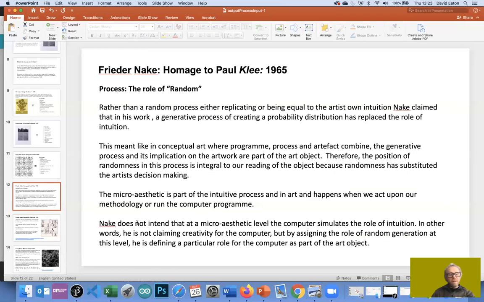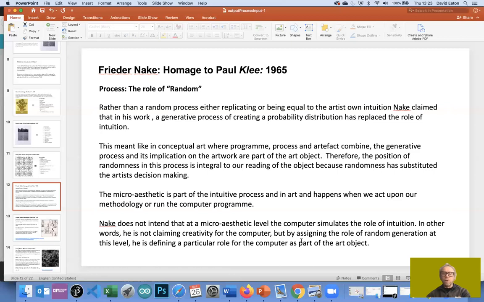Nake does not intend that at a microaesthetic level the computer simulates the role of intuition. In other words, he is not claiming creativity from the computer, but assigning the role of the random generation at this level. He's defining a particular role for the computer as part of the art object.